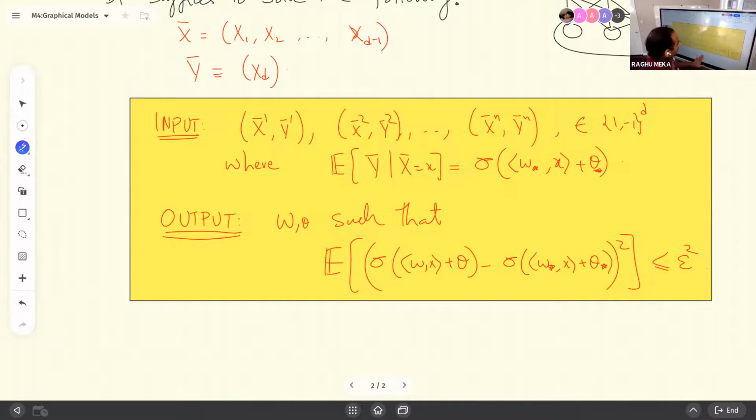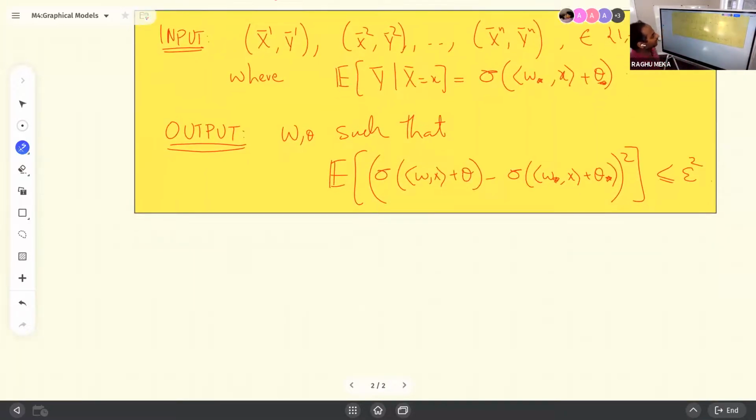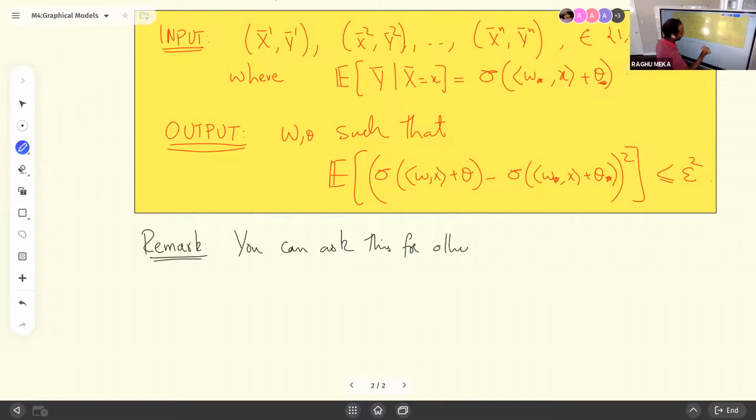Okay? And there's also a name for it. You can ask this for other activation functions. By activation function, I mean the sigma that you're applying.